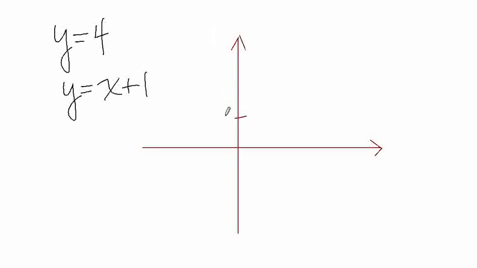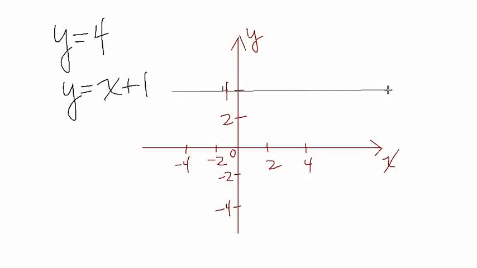Let's see, give me a minute to make my drawing. So the first linear equation corresponds to a horizontal line, y equal to 4. So I will draw that line through the correct point on the y-axis.